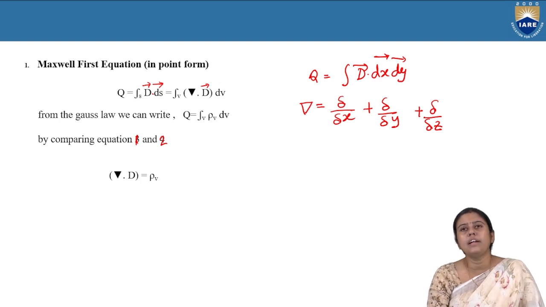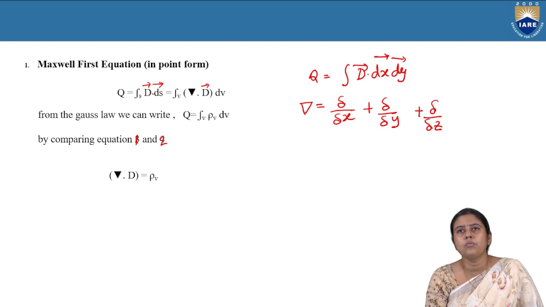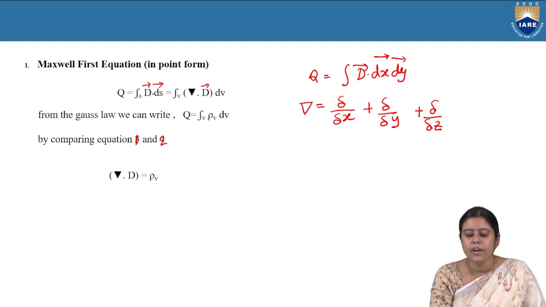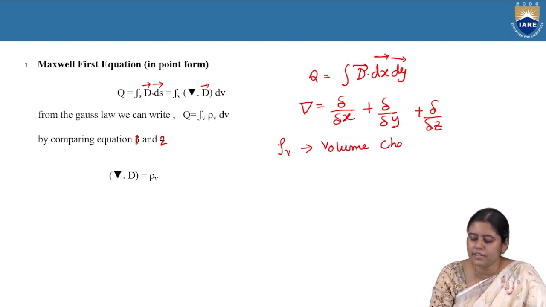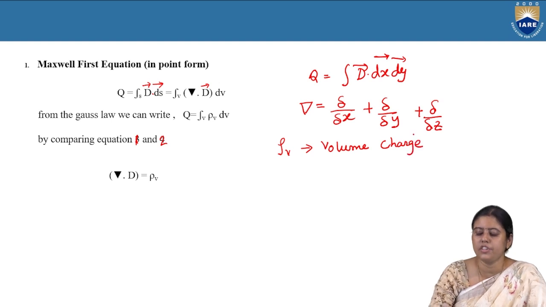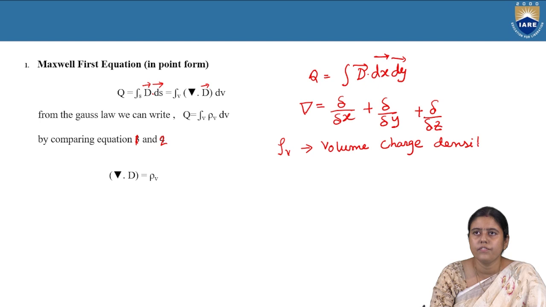Again, according to the definition, what is the definition of the charge? Rho v is the volume charge density. Already we have discussed these things, just one repetition. So what is rho v?